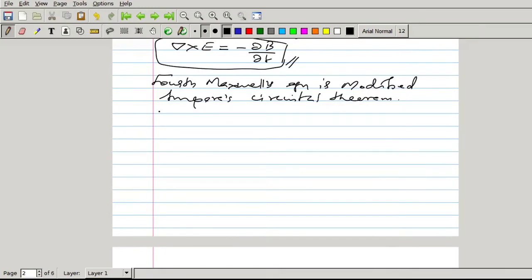What is Ampere's circuital theorem? Integral B dot dl is equal to mu 0 times the current enclosed by the path. So in differential form, this line integral I am changing into a surface integral using Stokes theorem.